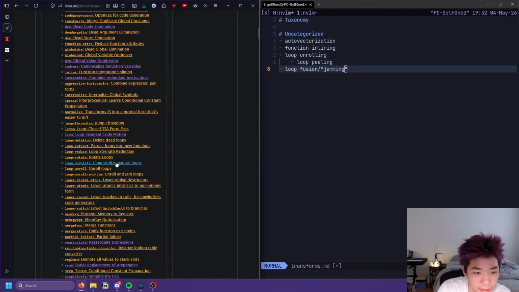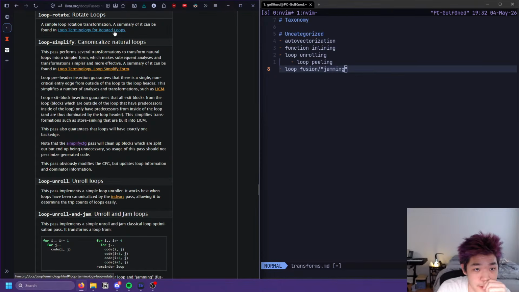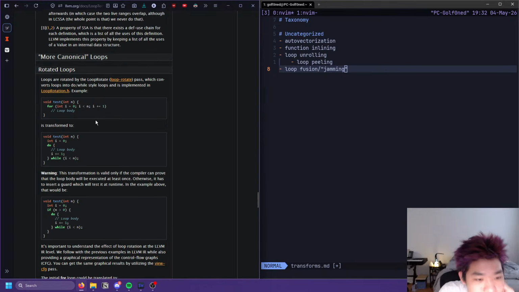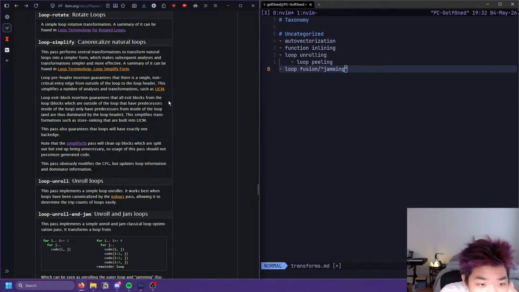Right? What is loop rotation? Wait, what is this? Oh, is that it? Ah, I see. So like do while. That makes sense. And that generates code cleaner, I imagine.